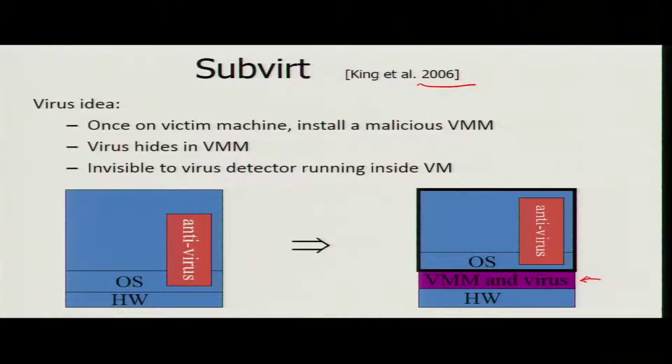Now since the antivirus is running in the guest machine, and this now becomes a guest virtual machine, it will not be able to detect the virus that is in the VMM.